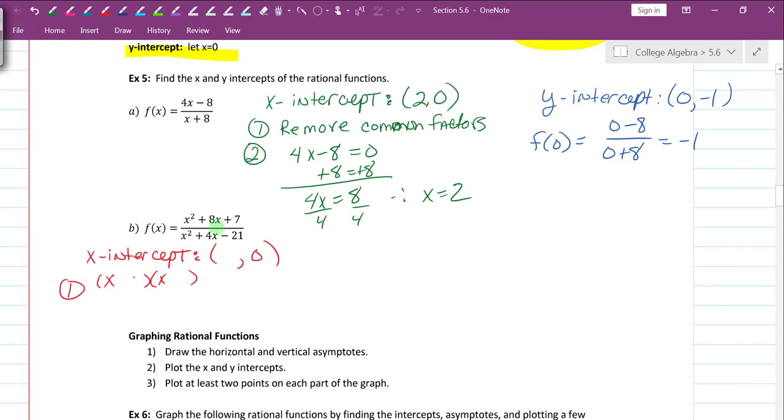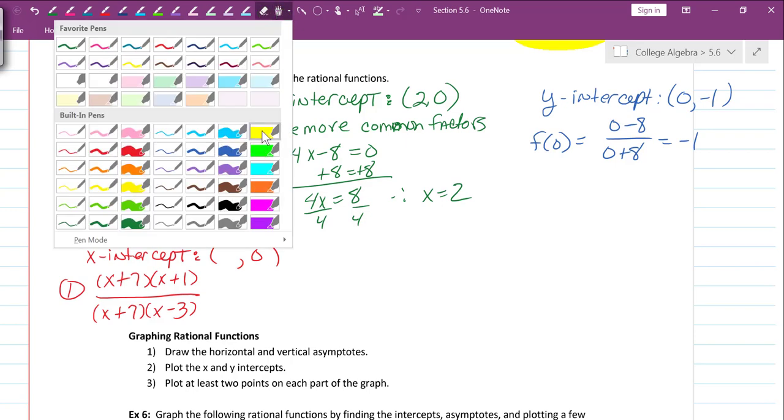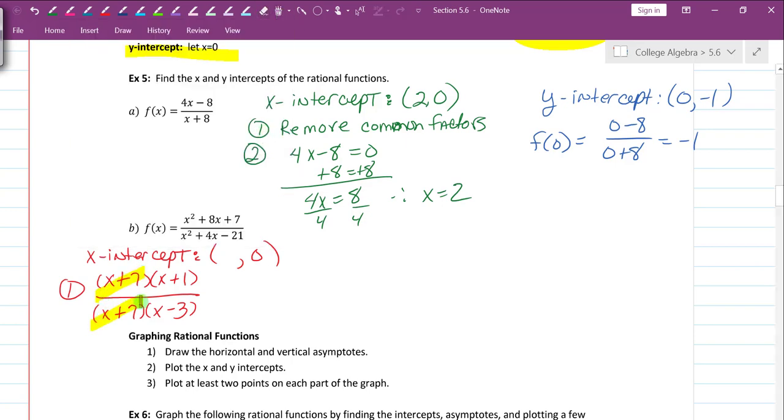I have a positive and positive, so that's going to be plus and plus, 7 and 1, divided by, looking at this, x and x, a positive and negative, 7 and 3, and my 7 is going to be positive because my 4 is positive. So 7 and 3. And when we look at this, we can see that we have this and this factoring out. So that leaves me with step 2 of x plus 1 divided by x minus 3.